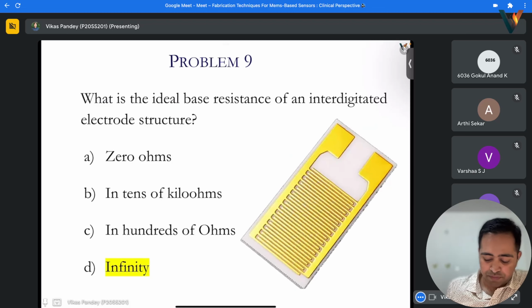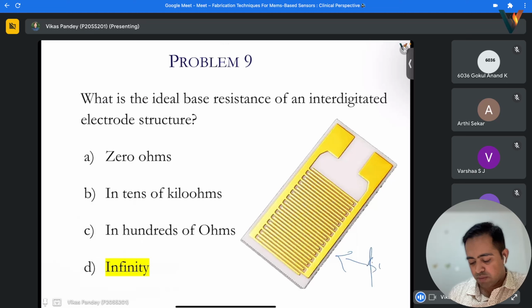Okay, so if this is an ID pattern, in this case, you see this is not made on a silicon wafer. This is made on a flexible substrate. Sometimes nowadays we are even using different kinds of substrates.